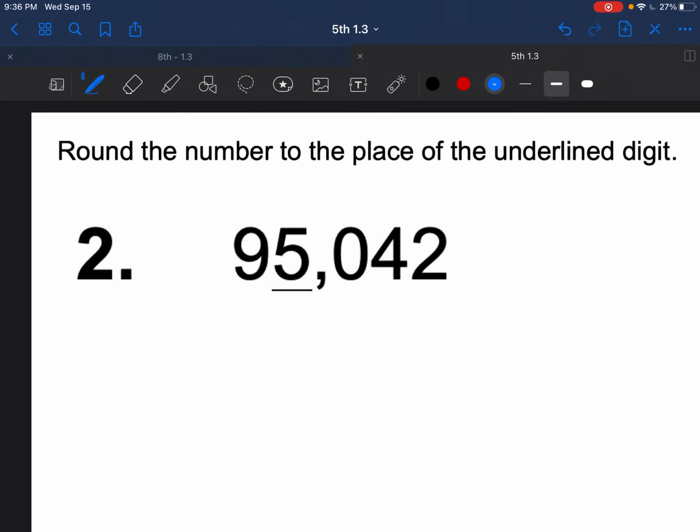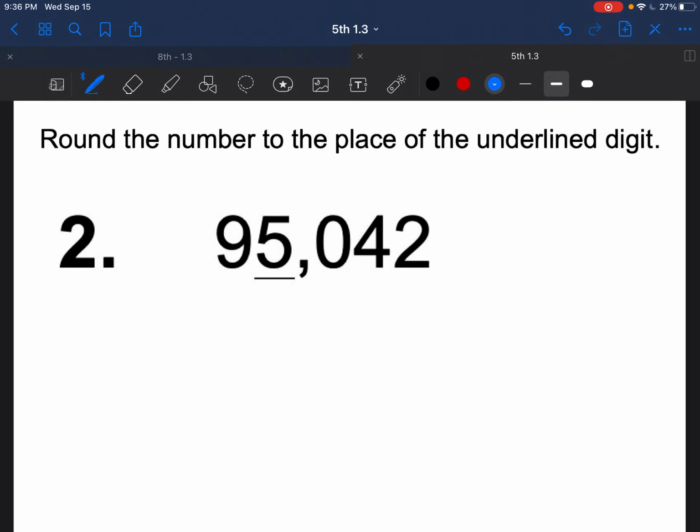All right, let's do the next one. Here we go. It says round the number to the place of the underlined digit. So let's check this again. 1, so that's the ones, tens, hundreds. That means it's going to be the thousands. Okay, so let's remind ourselves of the rules. If it's 5 or above, we go up.